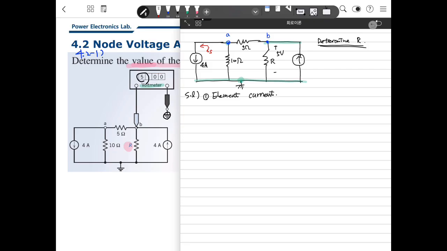Then I define the voltage of each node. What is the node voltage here? It is VA. The other is node voltage VB. Then I'll define the currents. I decide this is IS, and this current is I1, and this is I2, and I decide this current is I3, and this current is I4.